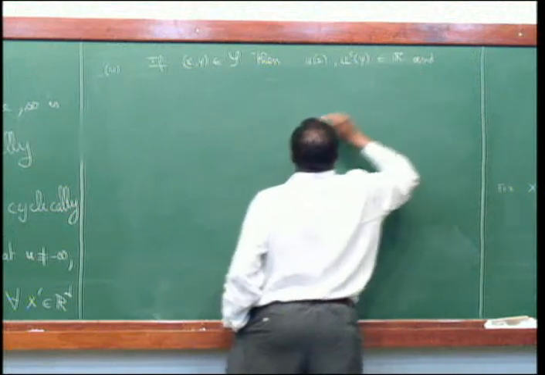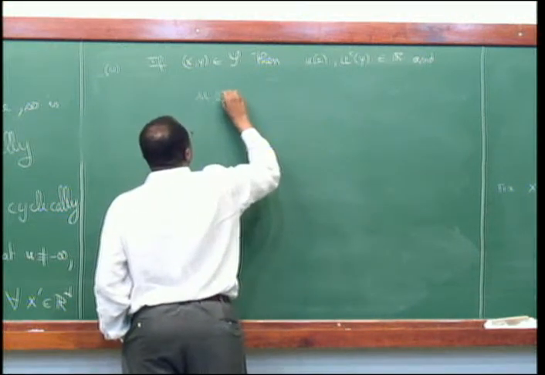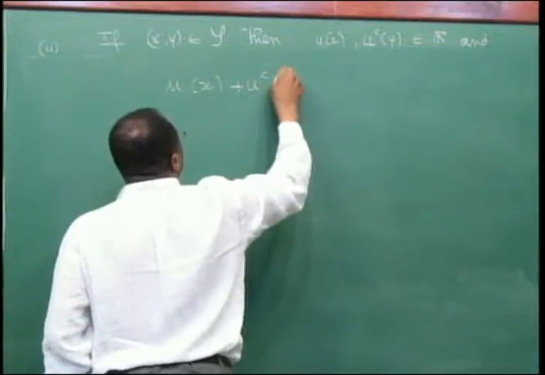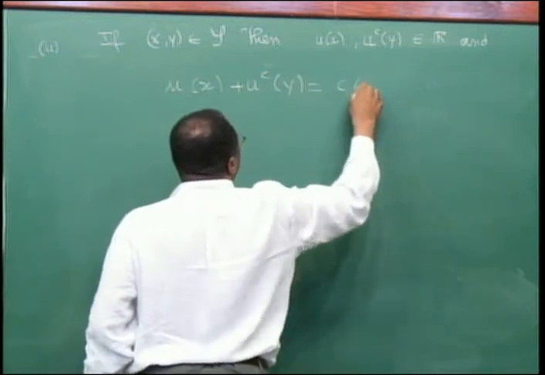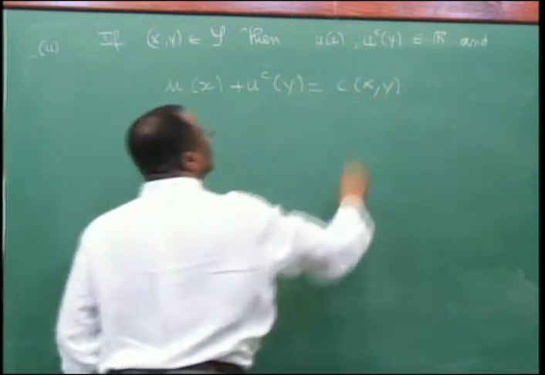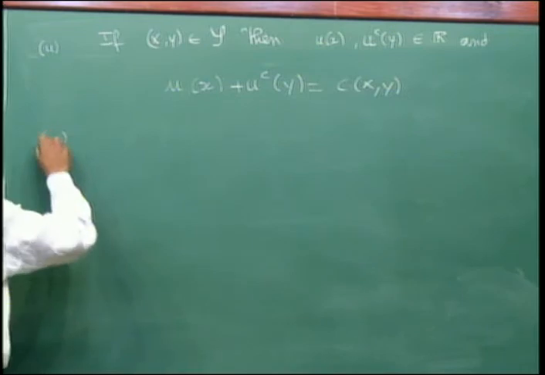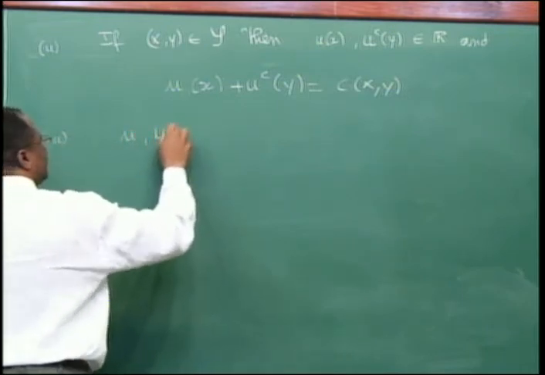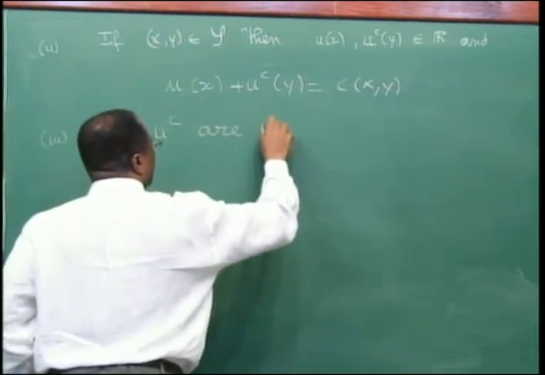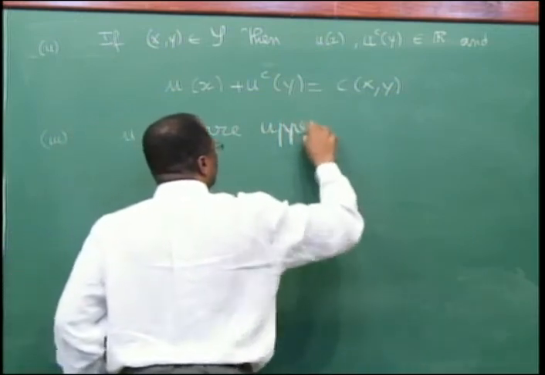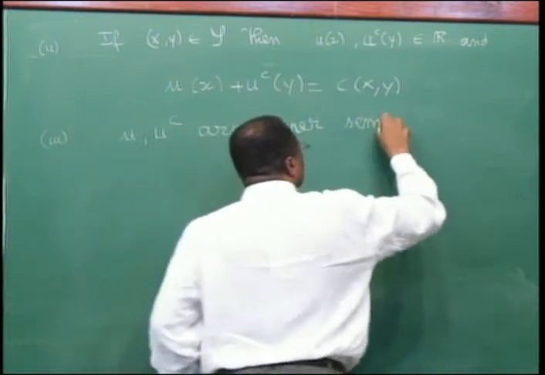And u(x) plus u^c(y) is c(x,y). Last condition, u and u^c are upper semi-continuous.